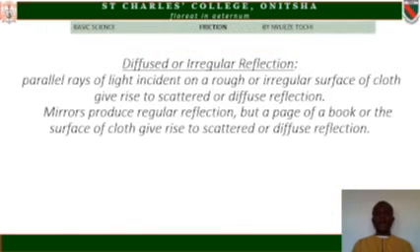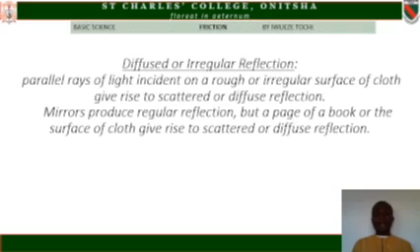Diffuse or irregular reflection. Parallel rays of light incident on a rough or irregular surface, such as cloth, give rise to scattered or diffuse reflection. Mirrors produce regular reflection, but a page of a book or the surface of cloth gives rise to scattered or diffuse reflection.